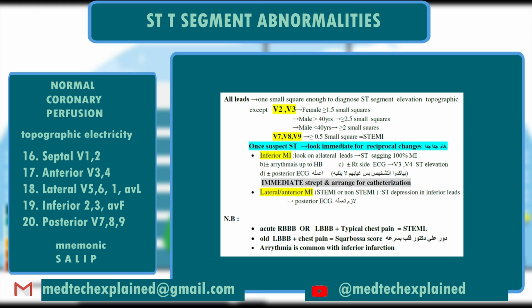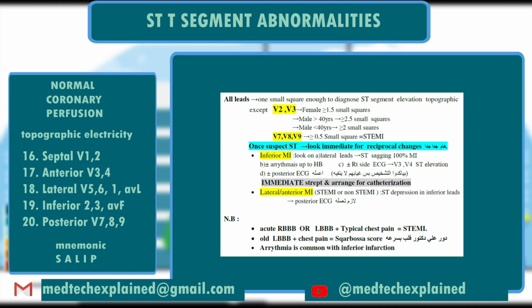Why do you think there is that difference between anterior and posterior leads? Well, the posterior wall of the heart is deeper in the mediastinum, so if small ST elevations were able to appear on the ECG from that depth, that is probably a more serious pathology.